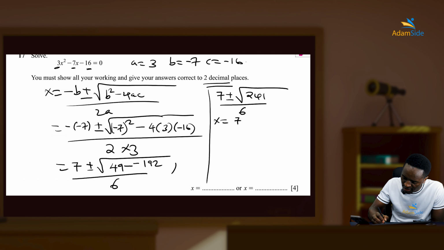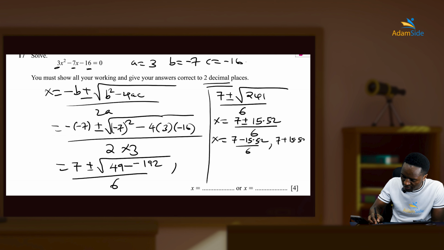Therefore, x is 7 plus or minus the square root of 241, which is 15.52, divided by 6. It can be 7 minus 15.52 divided by 6, or 7 plus 15.52 divided by 6.